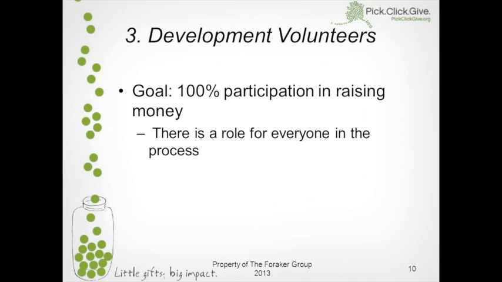In our last newsletter that just came out a week ago, Dennis McMillan, our CEO here at Foraker, wrote an article about all the different ways that board members and volunteers could participate in helping people get more excited about Pick.Click.Give, and I've just recapped some of those examples.